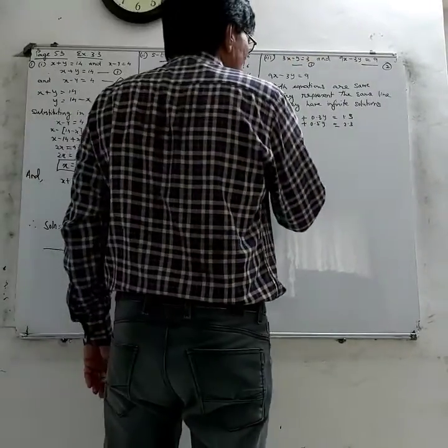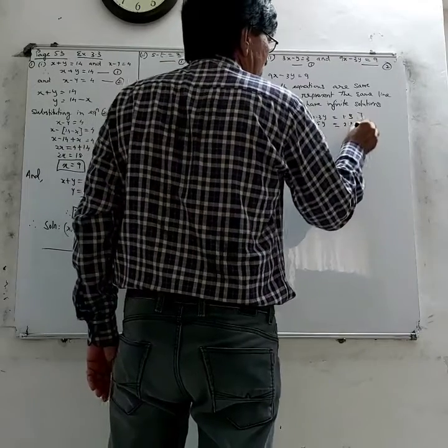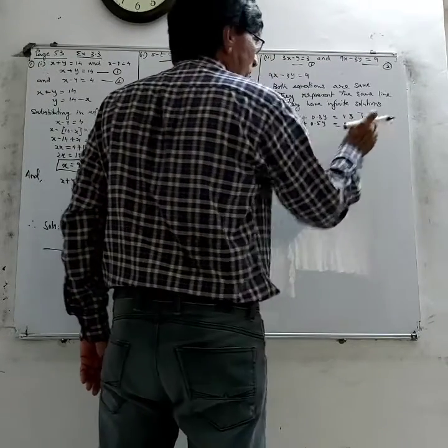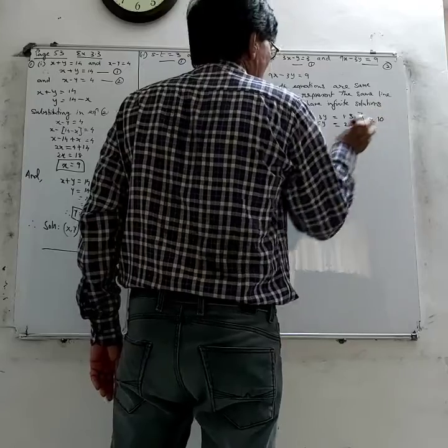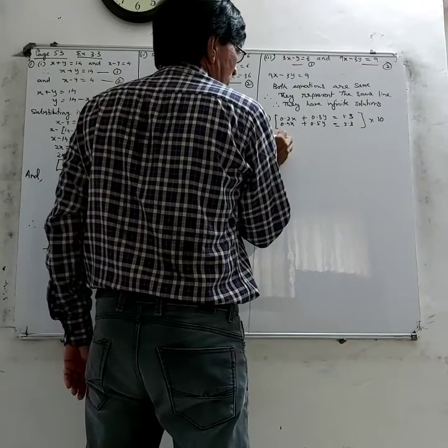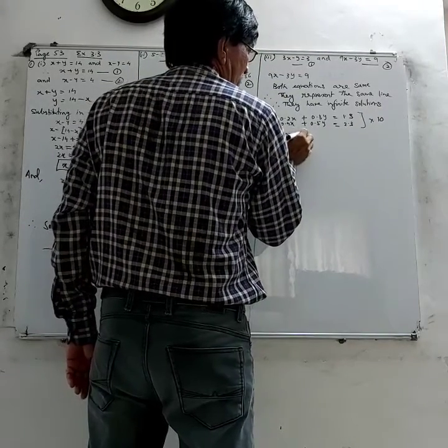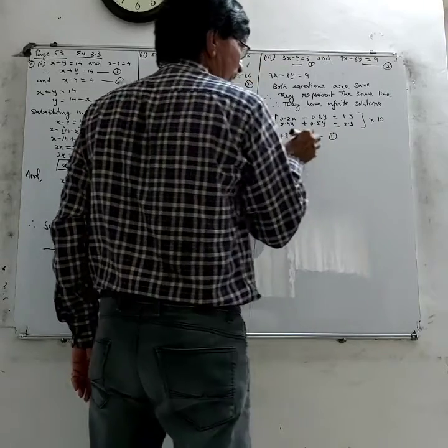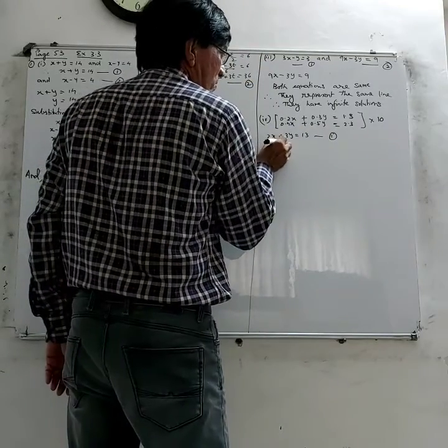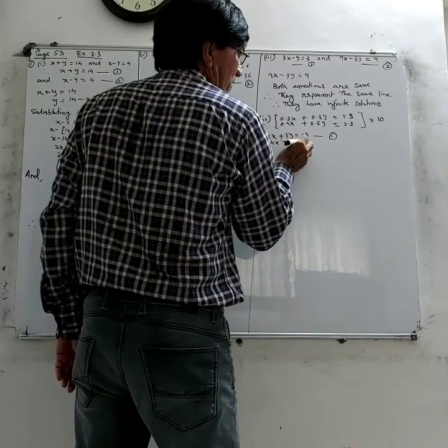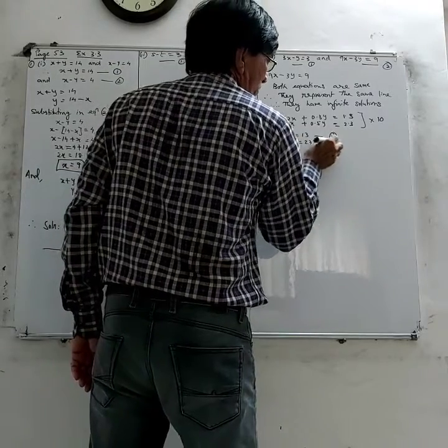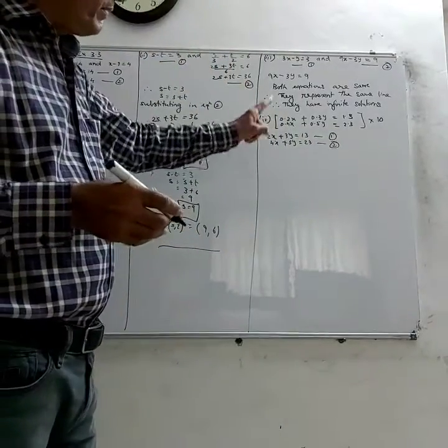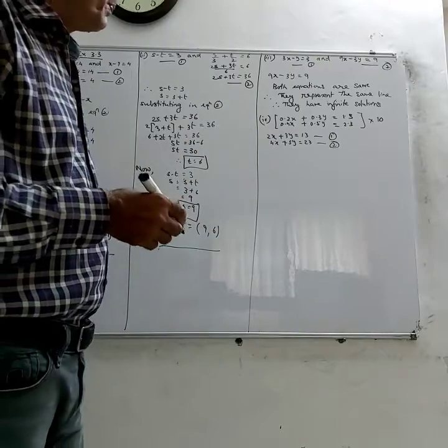But if I multiply both equations by 10, I get 2x plus 3y is equal to 13, equation 1, and 4x plus 5y is equal to 23, equation number 2. Now you can see by multiplying with 10, I remove both decimal points.